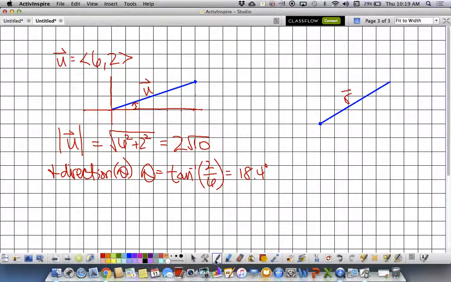Vector R. Initial point, terminal point here. What are the components of R? Negative 5 and negative 3.